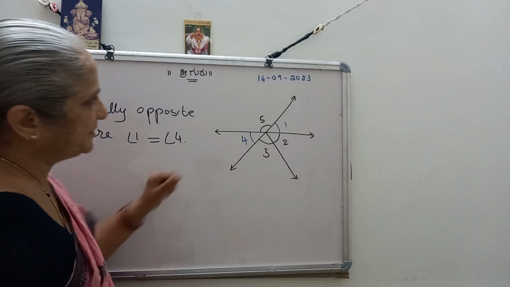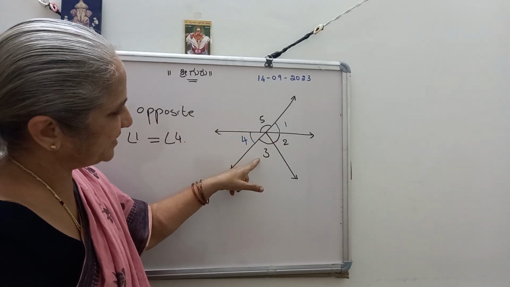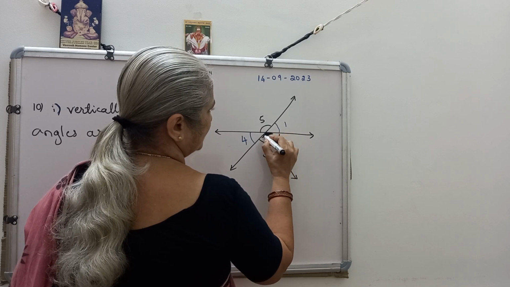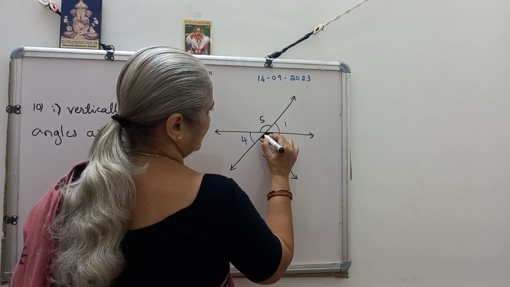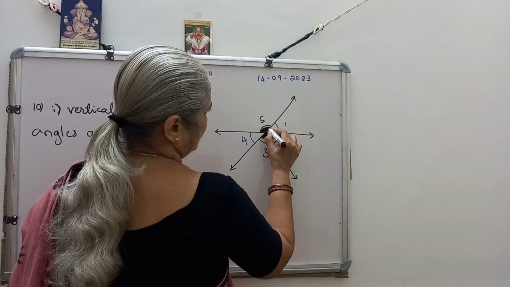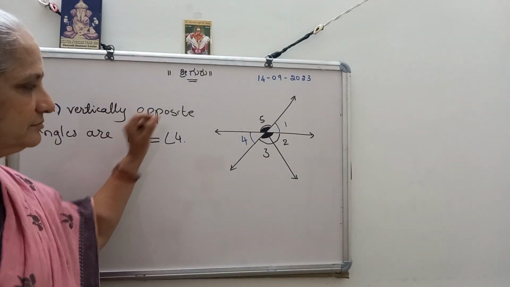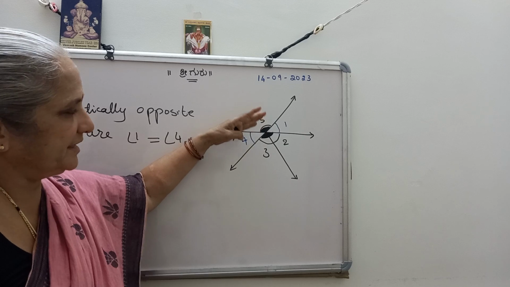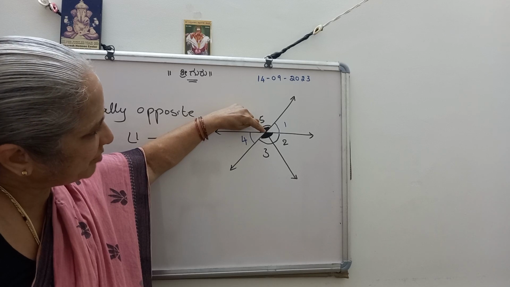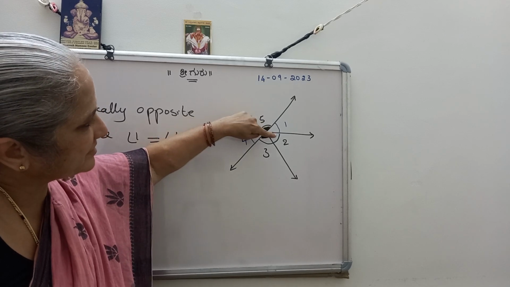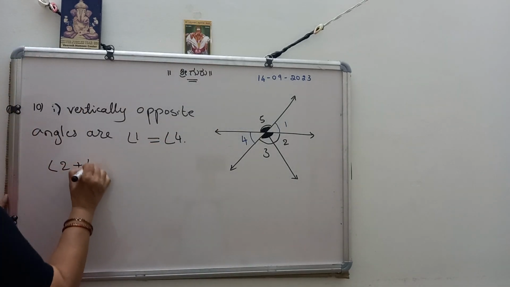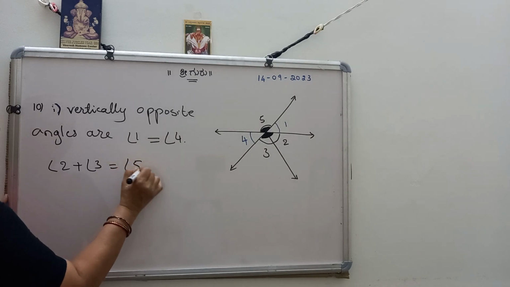And one more pair is there: angle 5 and angle 2 plus 3, this whole angle. At the point of intersection, two angles are formed with the vertex as the point of intersection. These two angles, 2 plus 3 is equal to 5. Angle 2 plus angle 3 is equal to angle 5.